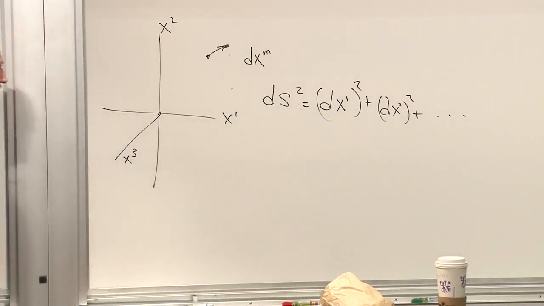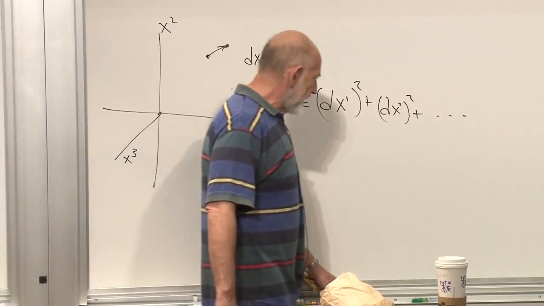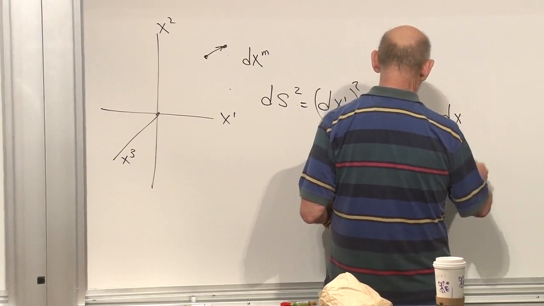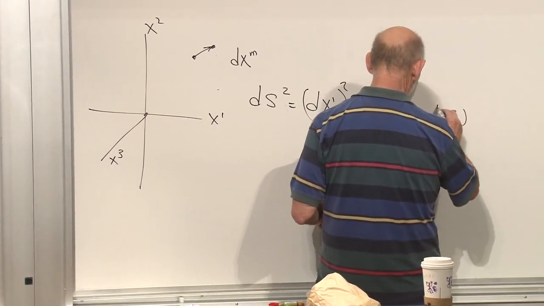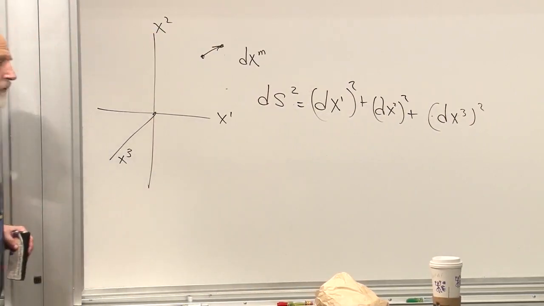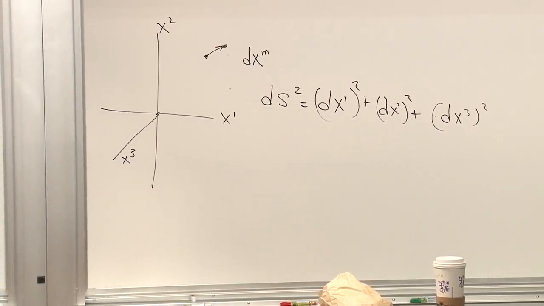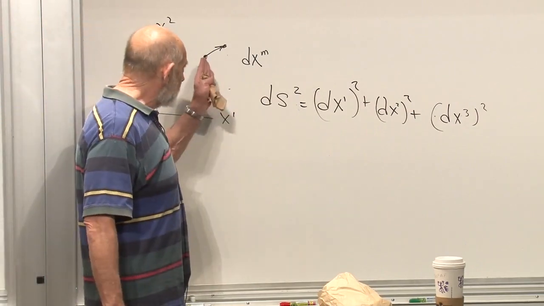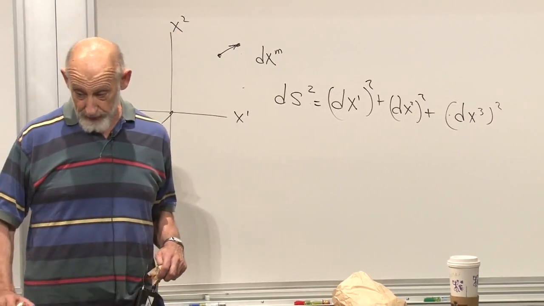If the space is 3-dimensional, then there are 3 of them. If the space is 2-dimensional, there are 2 of them. If the space is 26-dimensional, there are 26 of them, and so forth. That is the formula for the distance between 2 points in a Euclidean space.